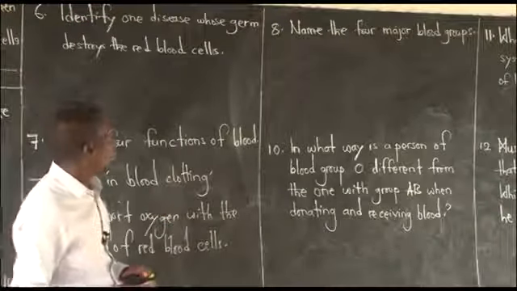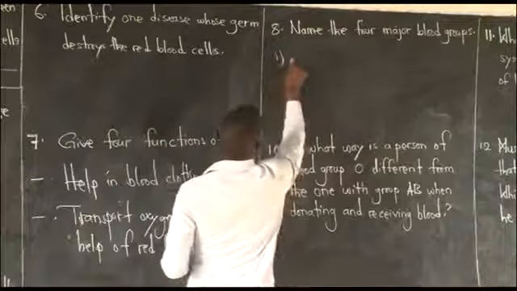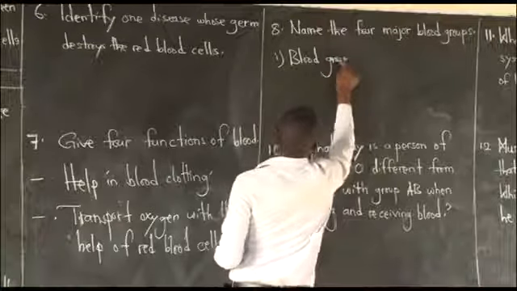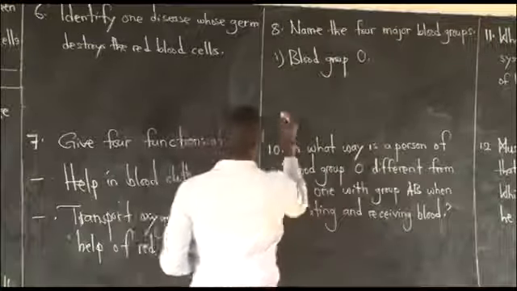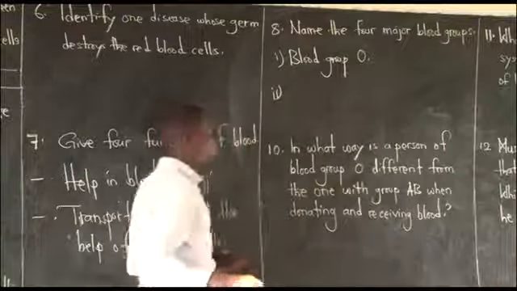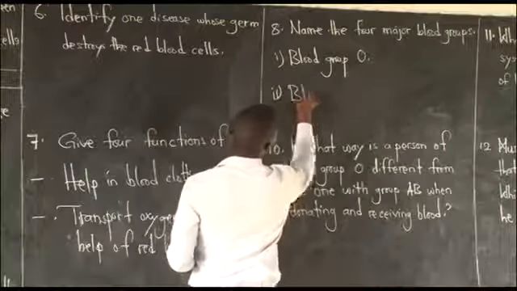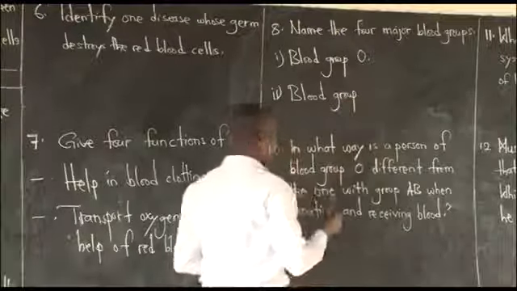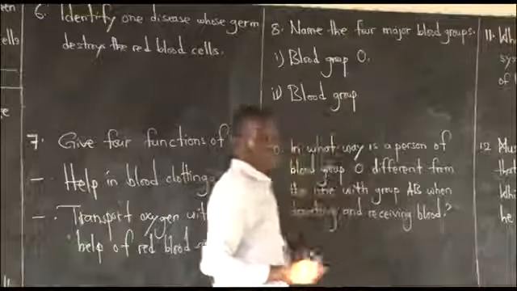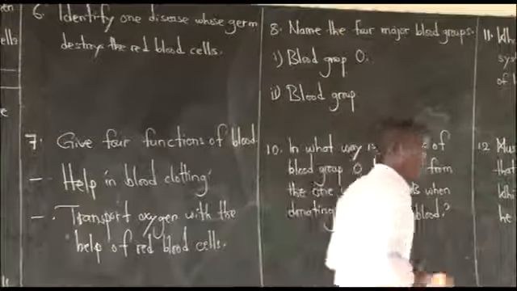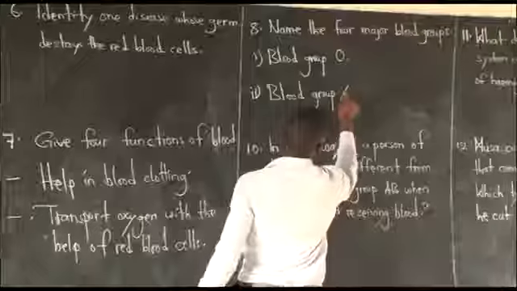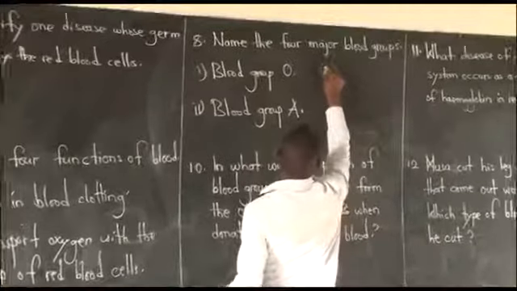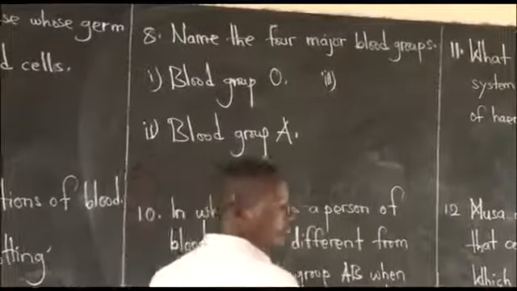Let's begin with blood group O. So number 1 can be blood group O. Then Roman number 2 can be blood group B. Roman number 3 will be blood group AB.